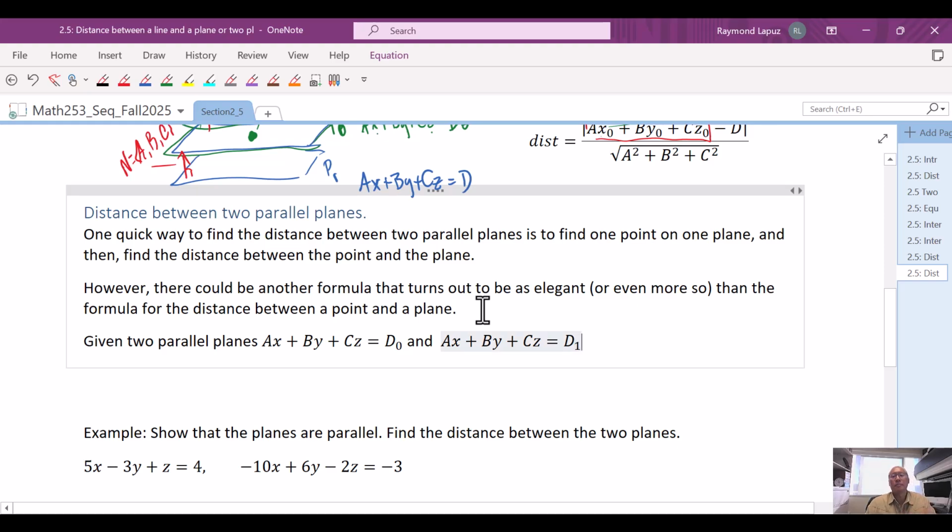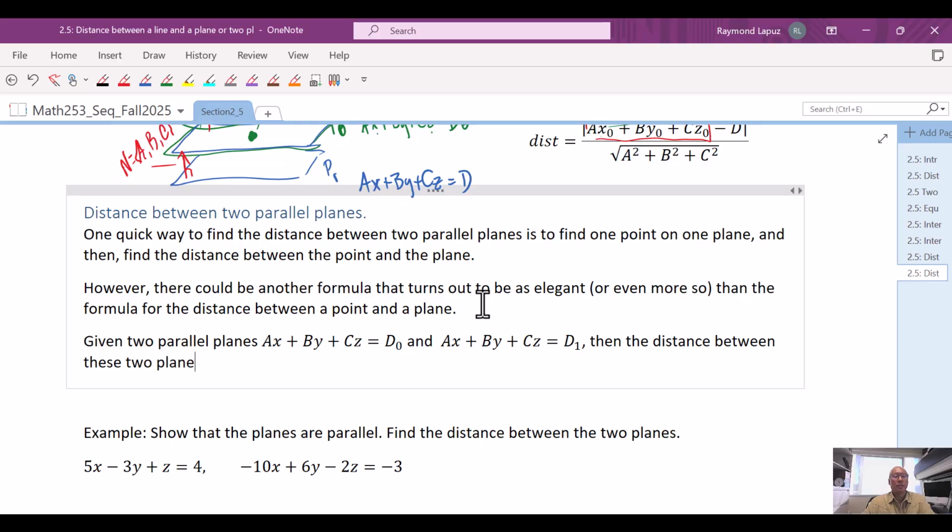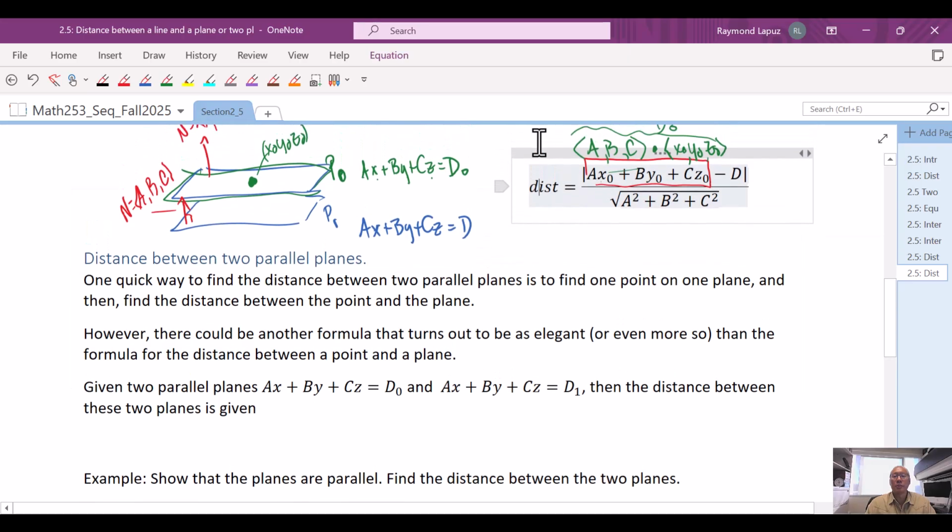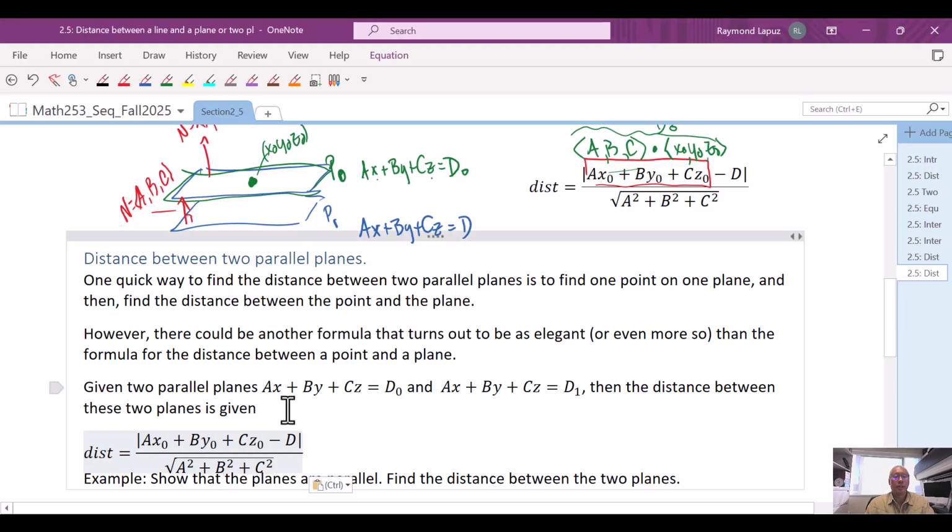D1, then the distance between these two planes is given by, so here I'm going to copy our distance formula and put it here.